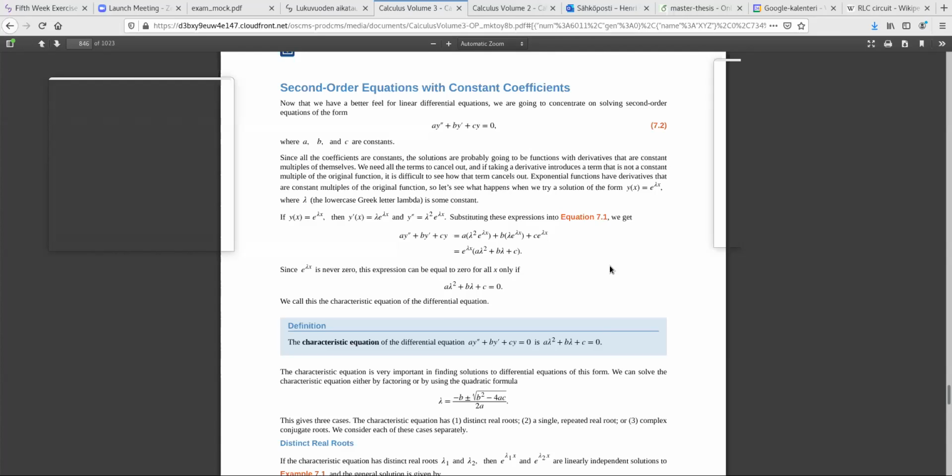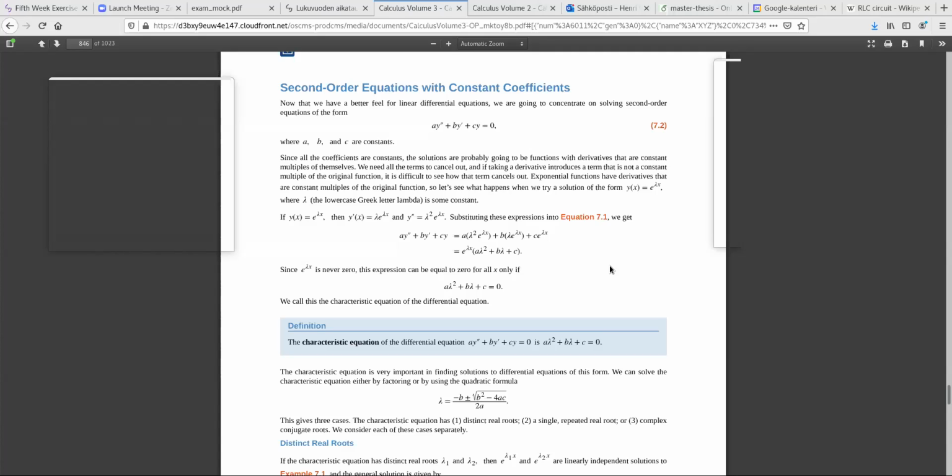Finding the zeros of the characteristic polynomial will give you a solution to this homogeneous equation. It has two solutions because it's a second order differential equation, so the characteristic polynomial is a second degree polynomial and usually has two roots.